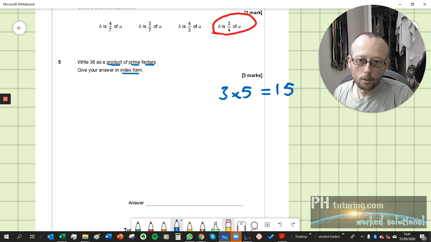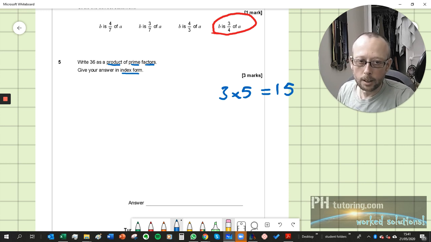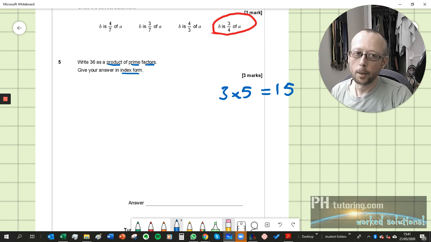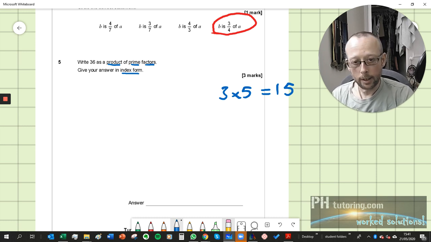Prime factors. Well, first of all, prime. A prime number is any number that can only be divided by itself and 1. So look at the 3 numbers we've got up there. 3 can be divided by 3, and it can be divided by 1.